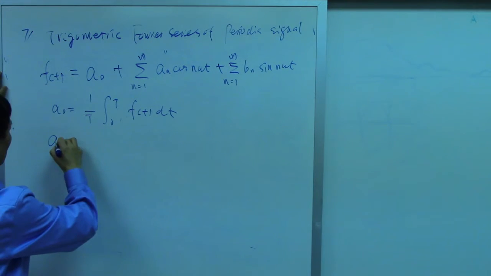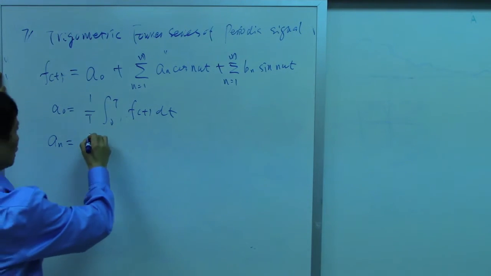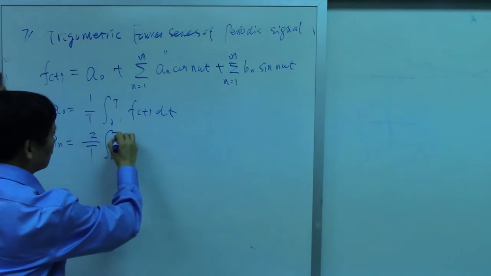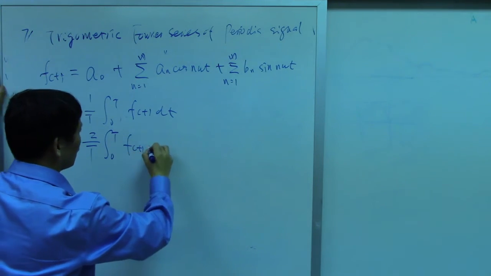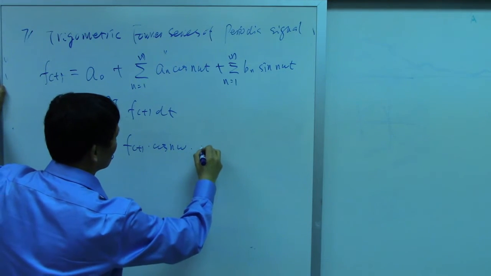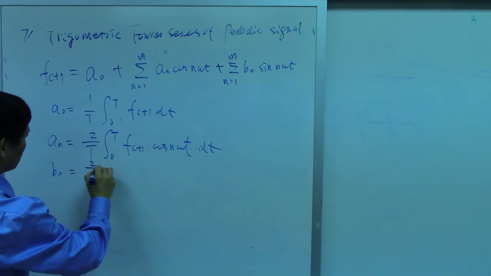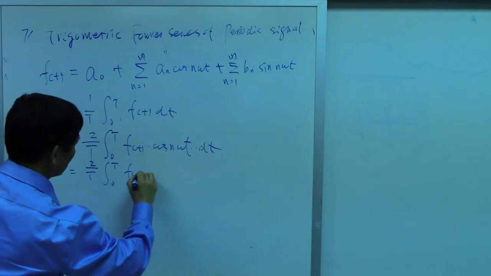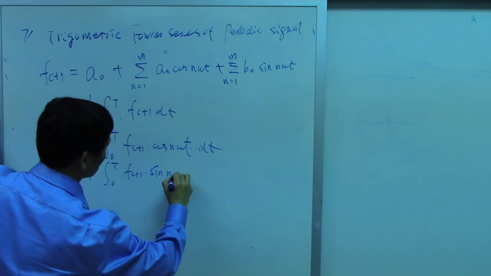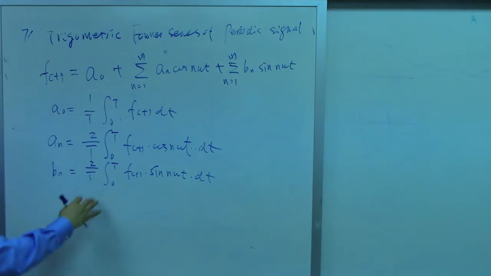How to calculate a_n, the coefficient? a_n is 2 over T, integral from 0 to T of f(t) times cosine n omega t dt. And b_n equals 2 over T, integral from 0 to T of f(t) times sine n omega t dt.